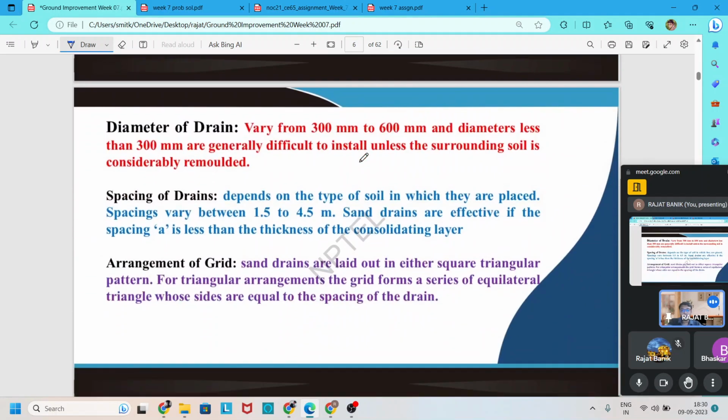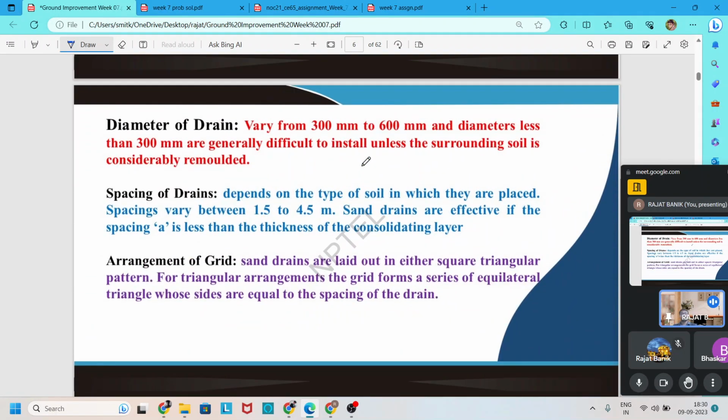In the next slide, we discuss some basic guidelines about this pre-consolidation technique and about these vertical drains.